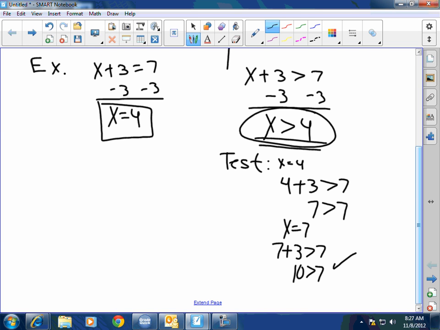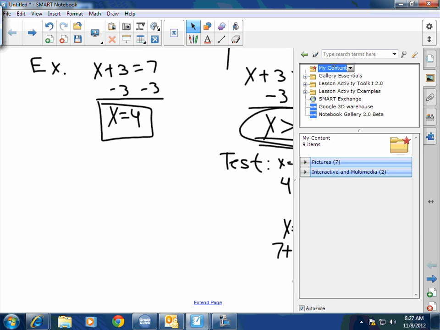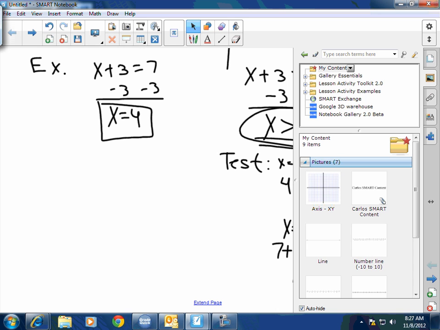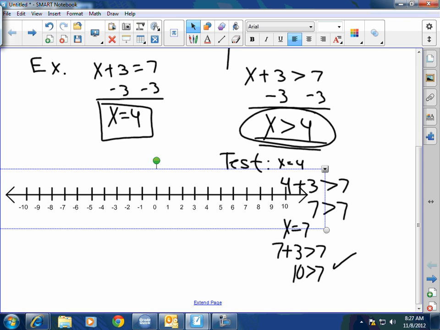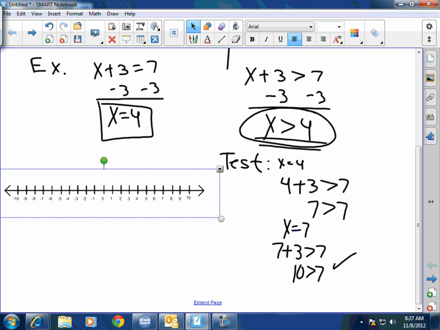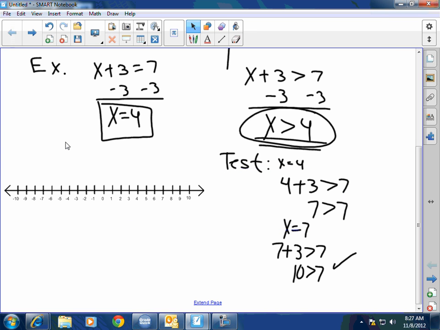So in this particular case, guys, since we're dealing with many, many solutions, you can represent the solution with a graph, okay? I'll teach you how it works right now, but let me just show you a visual. I'm saying that x is greater than 4.